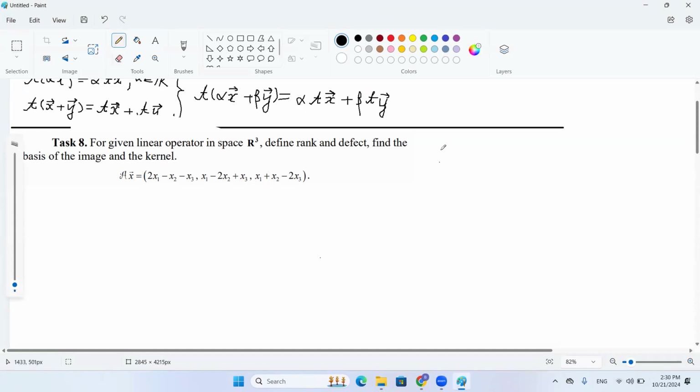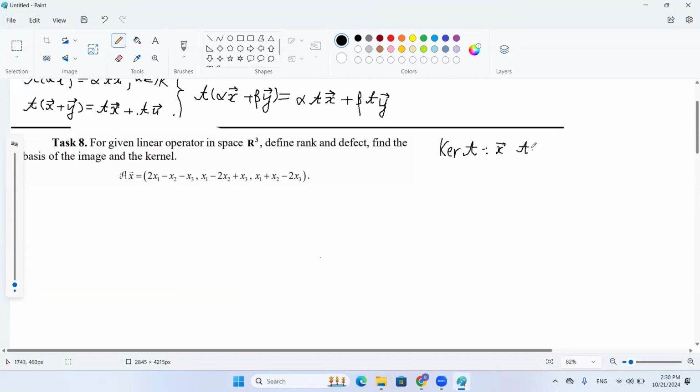For vectors x belonging to L, where L is a linear space, where operator A multiplied by vector x equals 0, it's called the kernel of the linear operator.